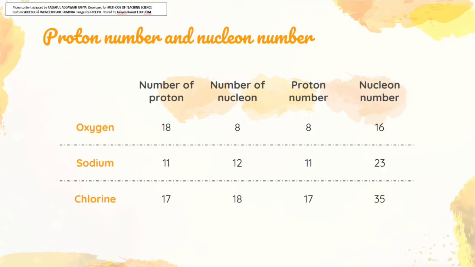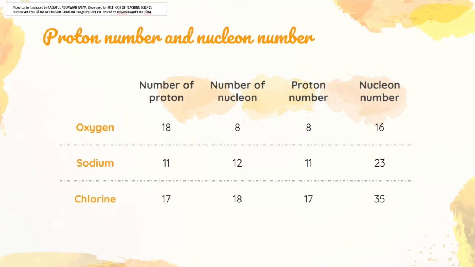The number of protons in the nucleus of an atom is known as the proton number. The total number of protons and neutrons in the nucleus of an atom is known as the nucleon number. The nucleon number is the proton number plus the number of neutrons.